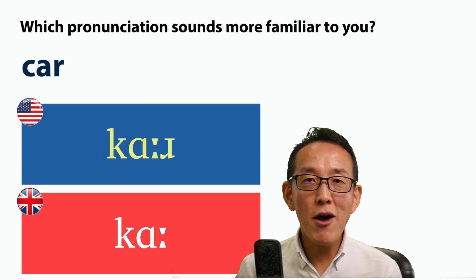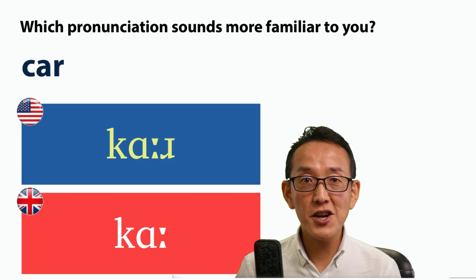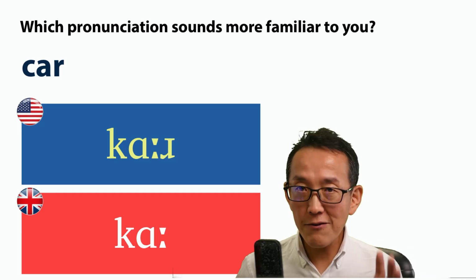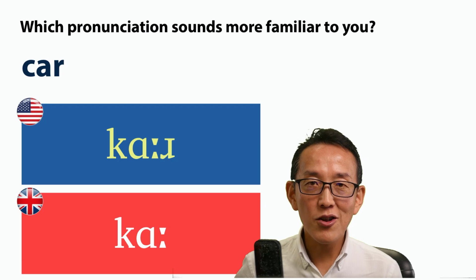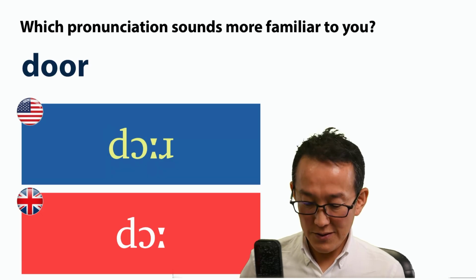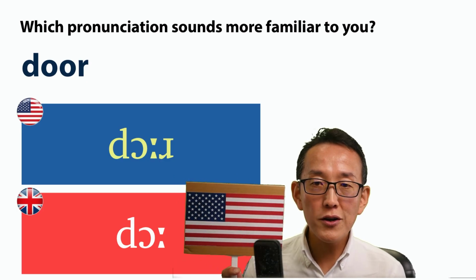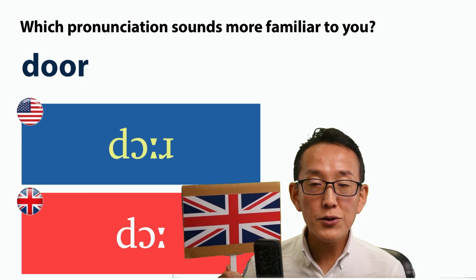So in American English, the R after a vowel is almost always pronounced. In most varieties of British English, however, the R after a vowel is usually not pronounced. So look at two more examples. Door, door.